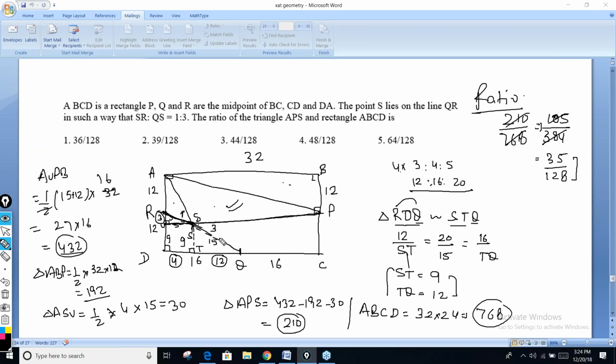I have taken this triangle as TQ. This was 9, and TQ was 12. So this is 12, so this comes out to be 4. This was 12, so this is 4. This is 9. This is also 9, so this was 3.